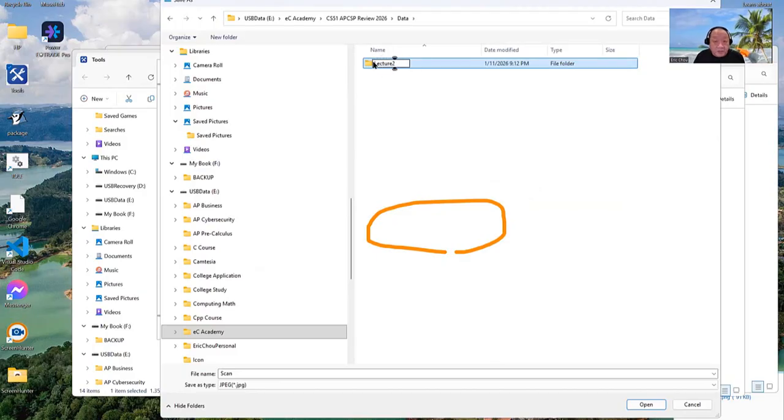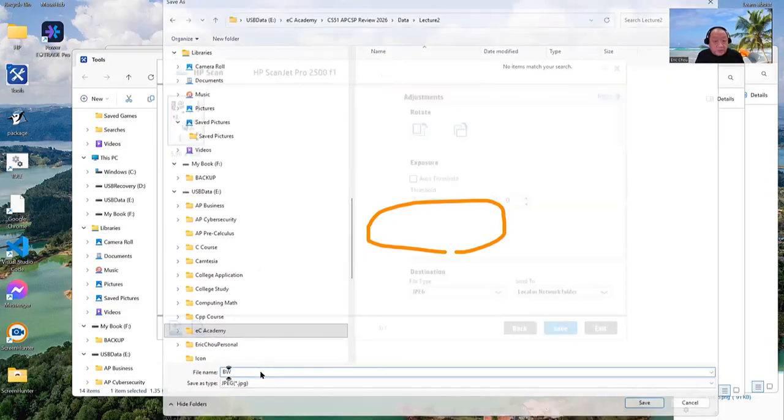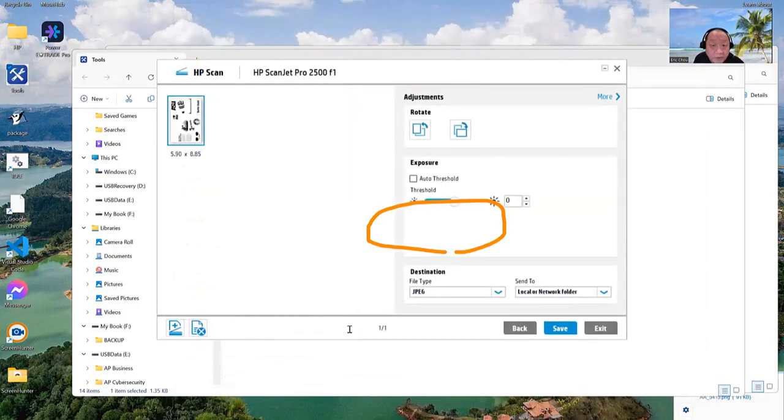Okay, and in lecture 2, let me store this one as BW image, okay? JPEG file, but it's black and white color. So let's look at the file.